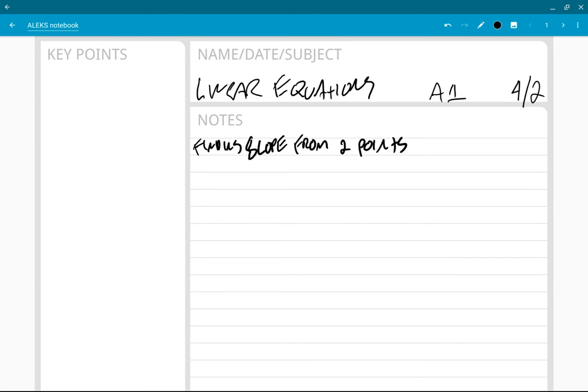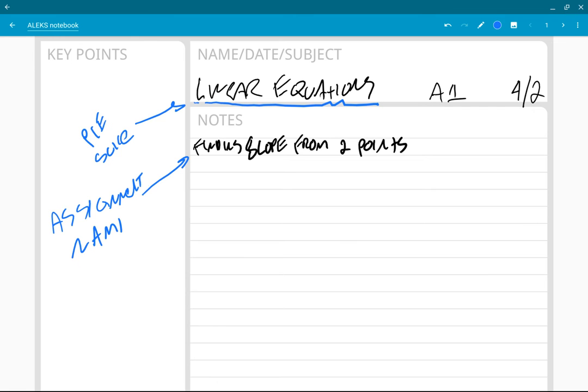Okay, so again, this is the pie slice. This will be the assignment name. Now, once you have those two things, this is where you're going to fill in your notes.